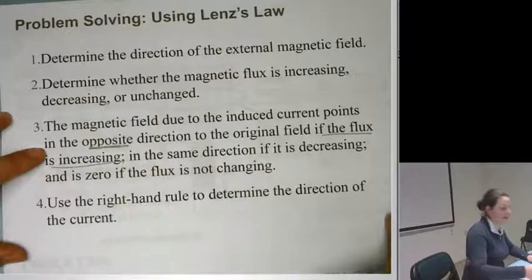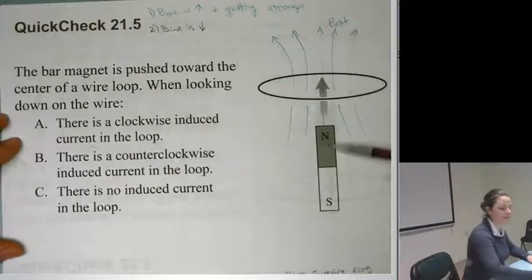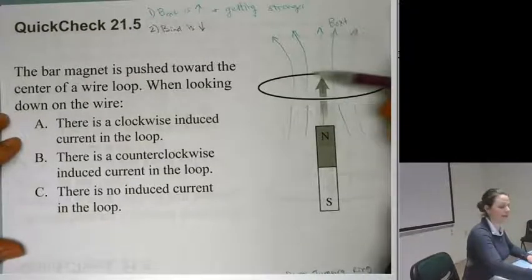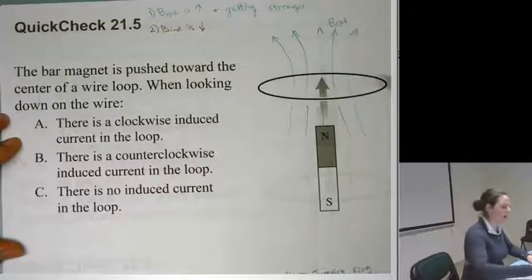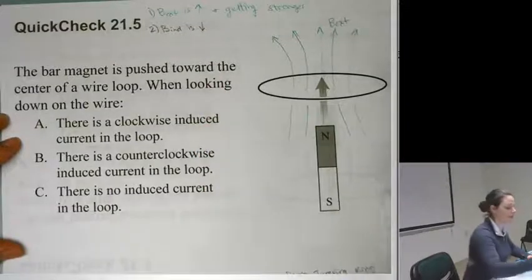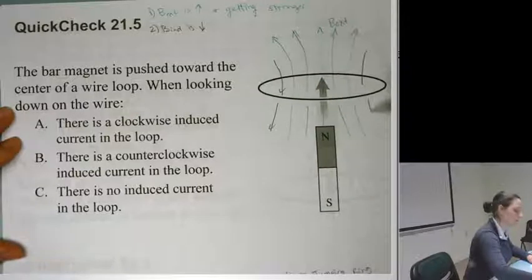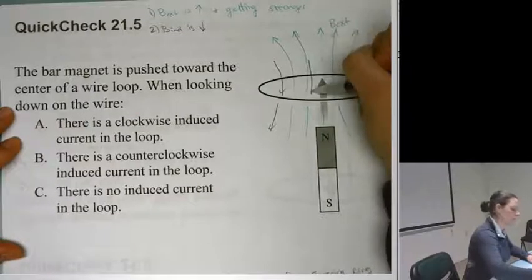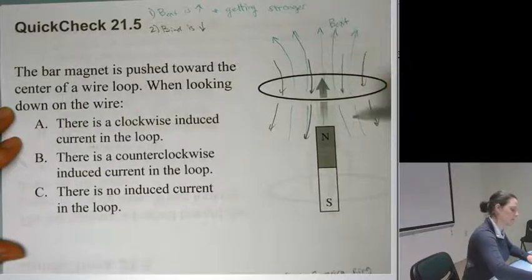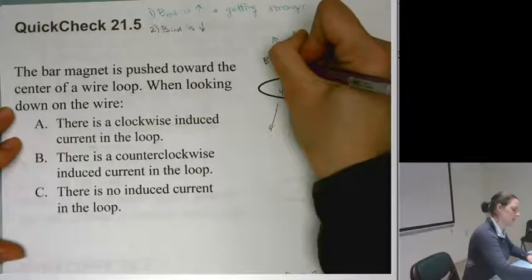So that's where we are right now. The flux is increasing because the magnet is getting closer, so there's more magnetic flux going through this loop. So that must mean that the induced field in the middle of the loop points down. That's what the induced looks like.